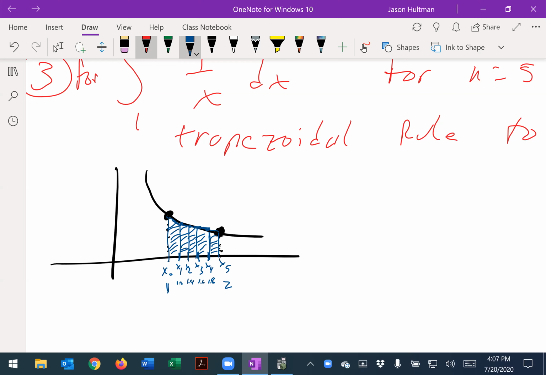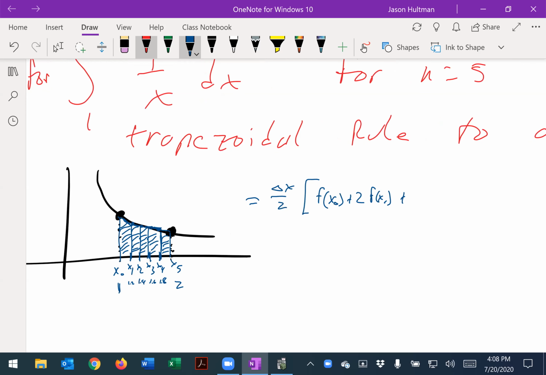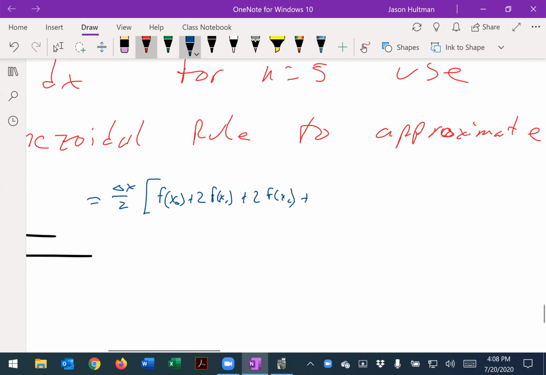And so, again, what's the trapezoidal rule say? It says delta x over 2 times f of x sub 0 plus 2 of f of x sub 1, plus 2 of f of x sub 2, plus 2 of f of x sub 3, plus 2 of f of x sub 4, plus 1 of f of x sub 5. So what's delta x?